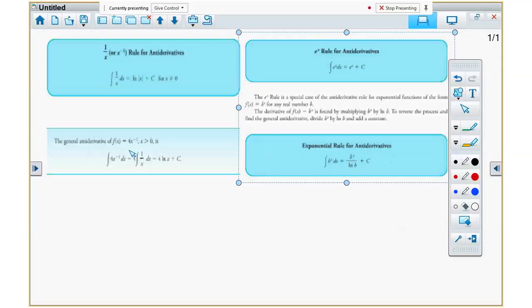This is an example right here of this. So you got three rules: 1 over x, or x to the negative 1, e to the x, and exponential rule, b to the x. That could be any number like 5 to the x or 4 to the x.